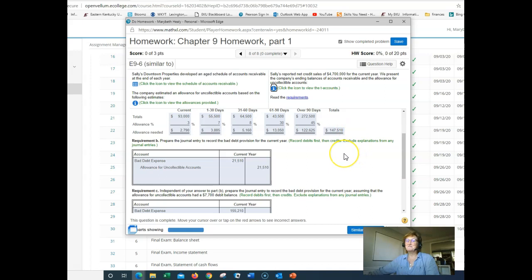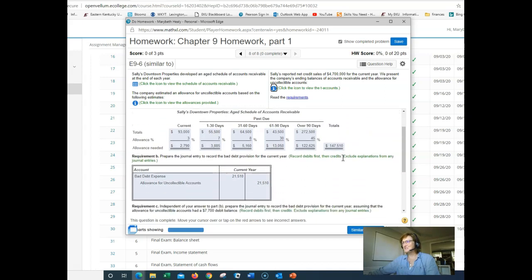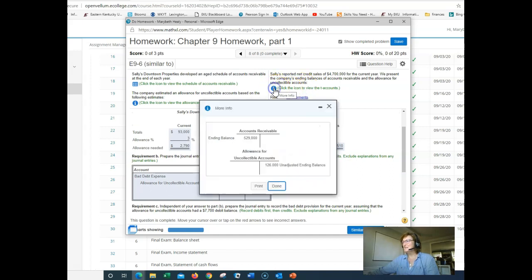Now, if you're thinking, like good accounting students, wow, so that means in the first example, what was it they had left over? 126,000. Well, maybe last year they didn't do a good job. But maybe they had a lot of those 45 to 90 day customers that just came into some money and paid them off.